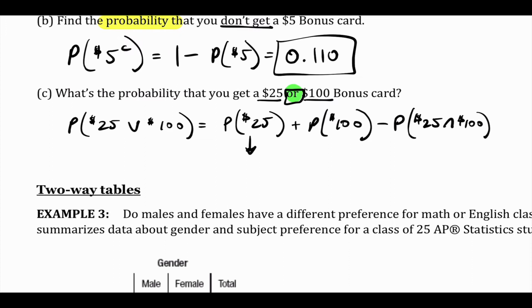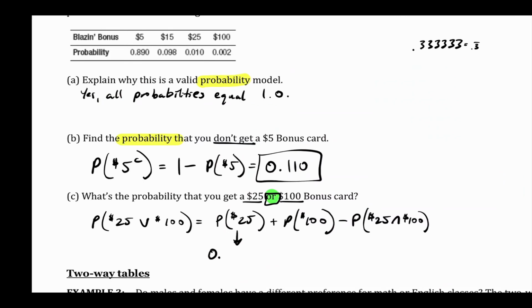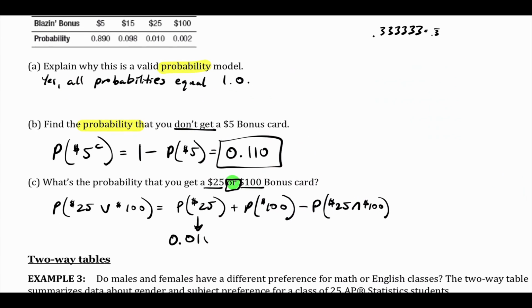What is the probability of $25? 0.010, right? What's the probability of 100? Okay. And then I'm going to subtract the probability of this guy. What's the probability of getting a $25 gift card and a $100 gift card? So this is what has to happen.